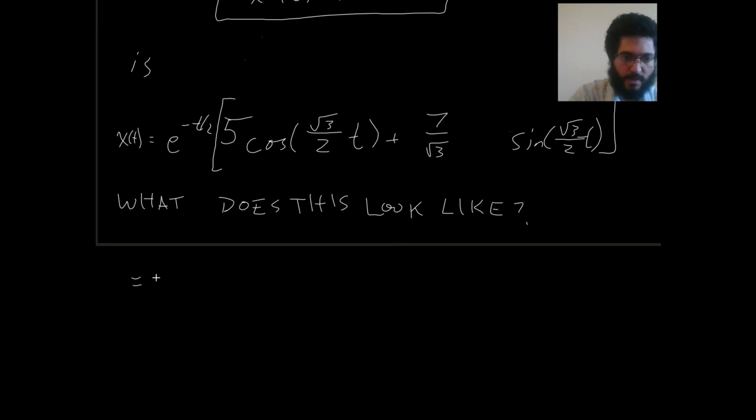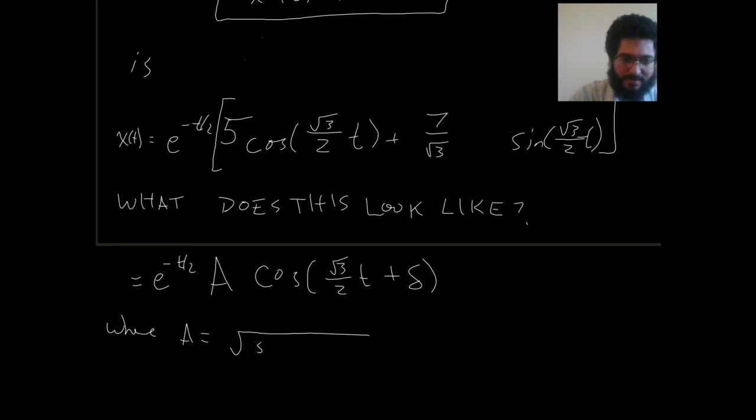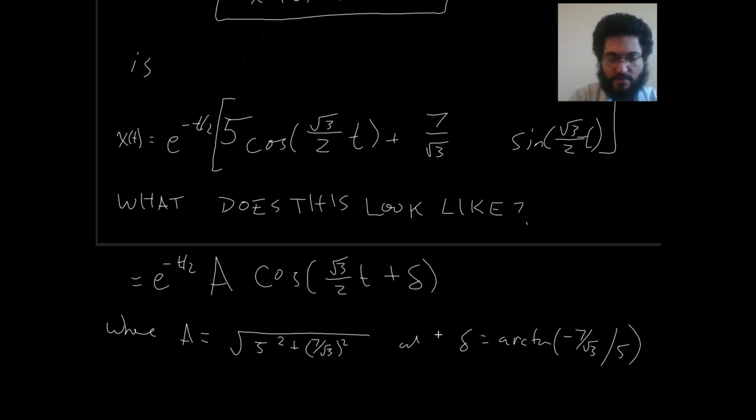So we can write it as e to the minus t over 2 times A, let's call it, and then we'll say what A is in a moment, times the cosine of square root 3 over 2 t plus delta, where A is the square root of 5 squared plus 7 over root 3 squared, and delta is the arctan of negative 7 over root 3 over 5, whatever we got.